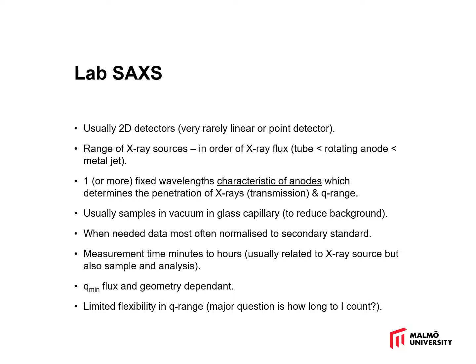So tubes tend to have the lowest flux. The rotating anodes, which are a bit rarer, a bit higher, and the metal jet sources approach the flux of synchrotrons, but not really. Instruments tend to have a single fixed wavelength, and you might like to think of how that affects the Q values that you're looking at. Some facilities offer different kinds of X-ray sources.